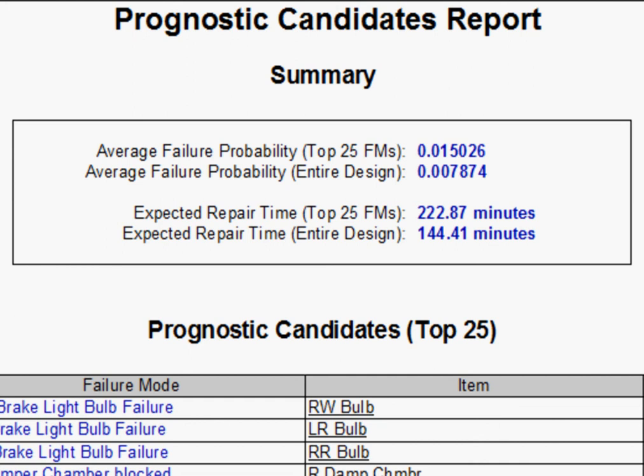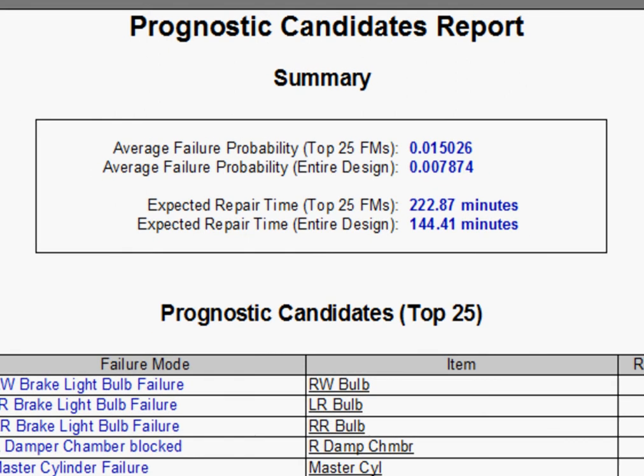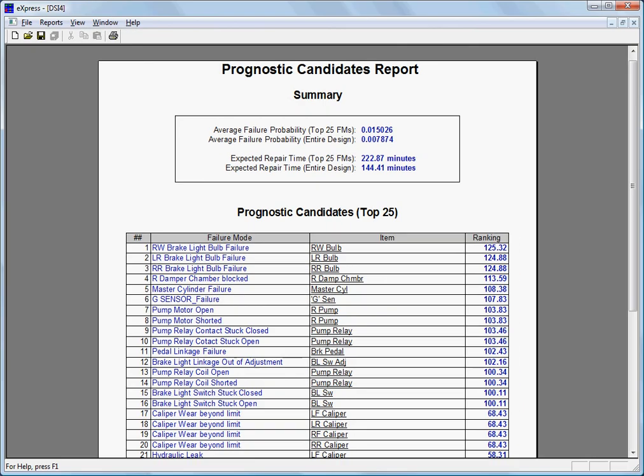As we'll see in another video in this series, this filter can be easily removed so that the candidates list reflects the failure modes that would be most desirable to prognose, even if they are already prognosed. This concludes this video introduction to the Prognostic Candidates Report in Express.